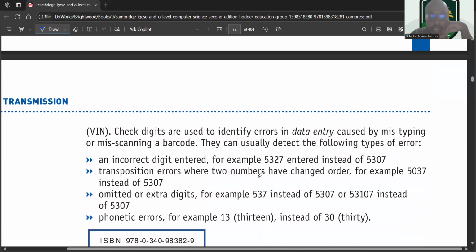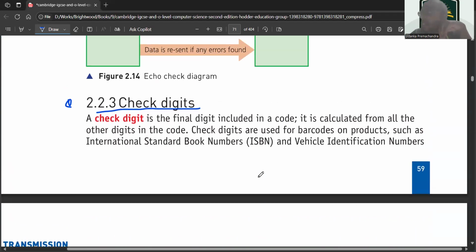Okay, today we are going for the check digit. When you consider a check digit, it is a final digit included in the code.